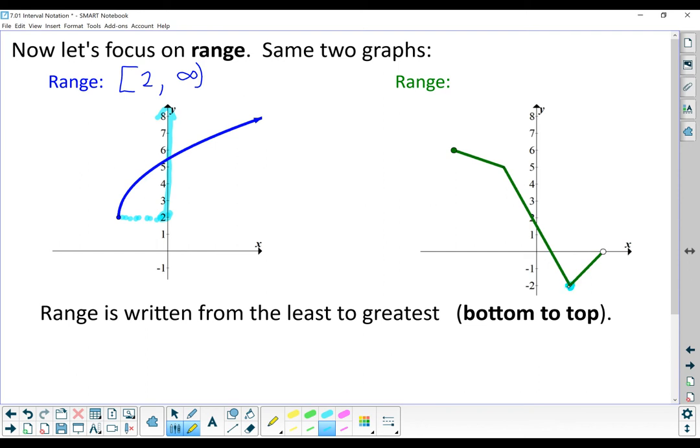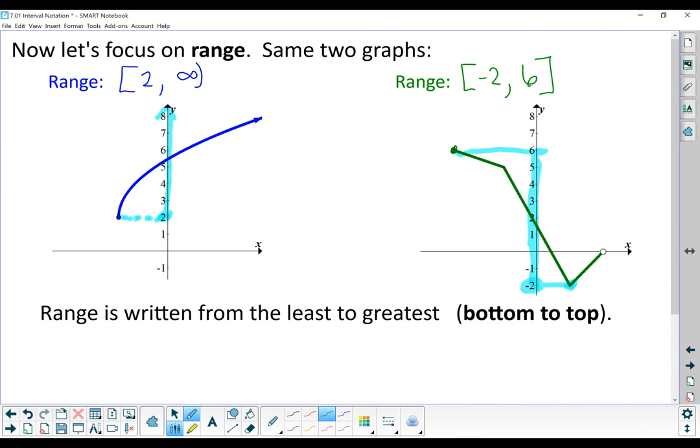We are thinking about the bottom. This is the lowest point on the graph. So our bottom is here at -2, and the highest point on this graph is 6. So our range is all the numbers that are in between those two. So my lowest value, -2, up to my highest value, 6.